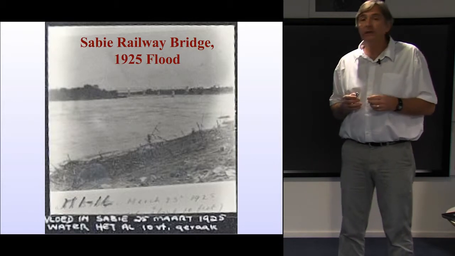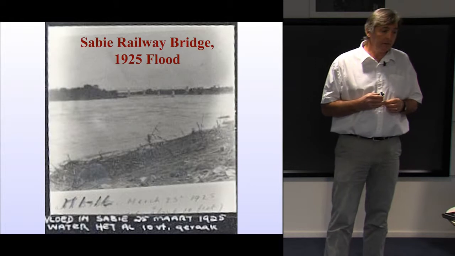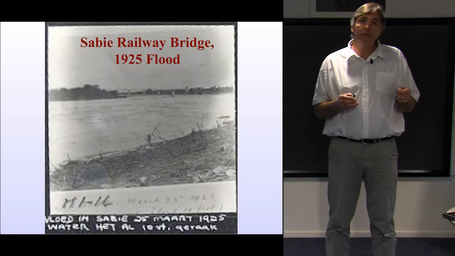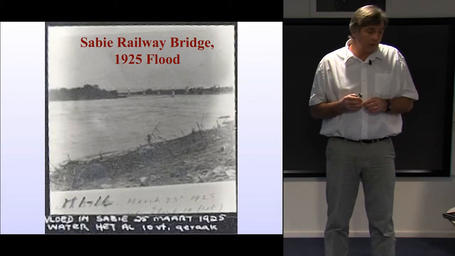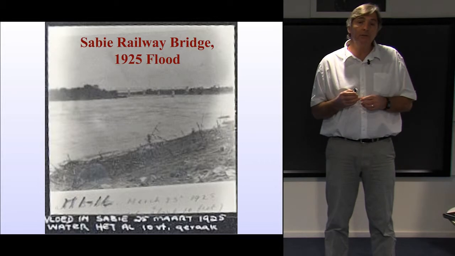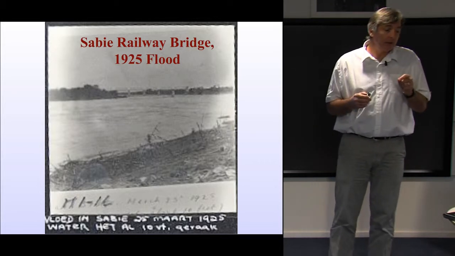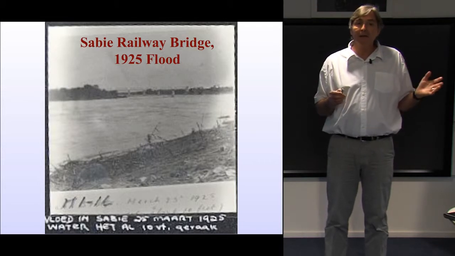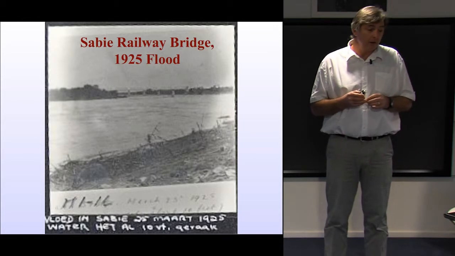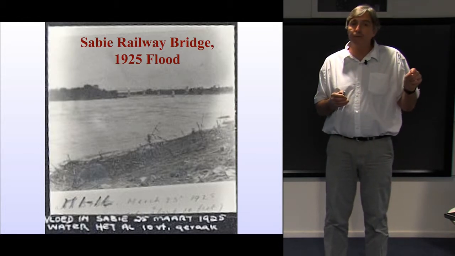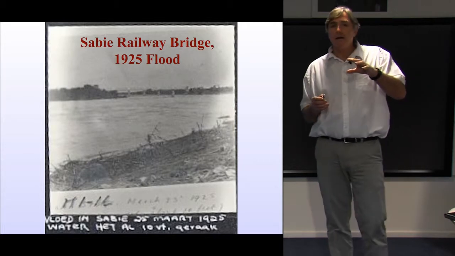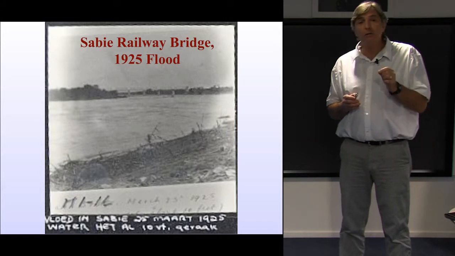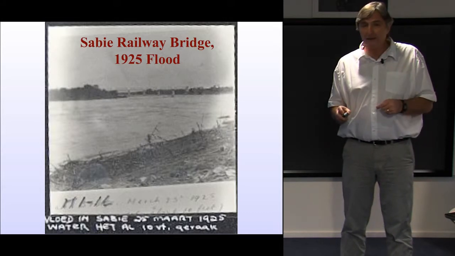You can see in the foreground the bare riparian zone, and it widened the river channel. And this was very interesting because the then warden of the Kruger National Park, the first warden, Colonel Stevenson Hamilton, had in fact gone onto the railway bridge after the flood and marked where the flood went up to. So we had some indication of the magnitude of that flood. In fact, this 1925 flood went about a metre higher than the 2000 flood, so was probably a little bit larger. But the 2000 flood was of the same sort of magnitude.